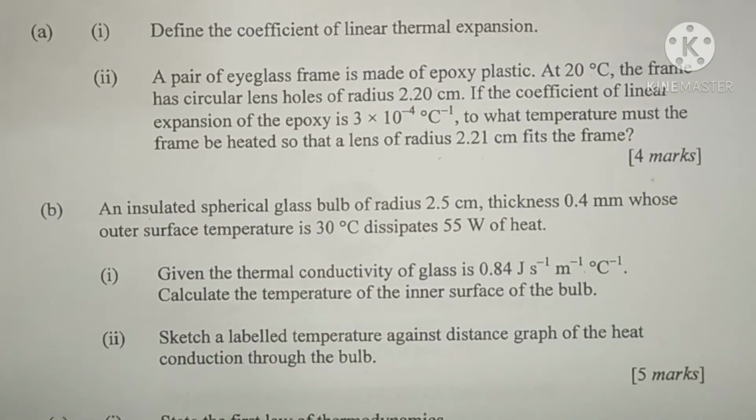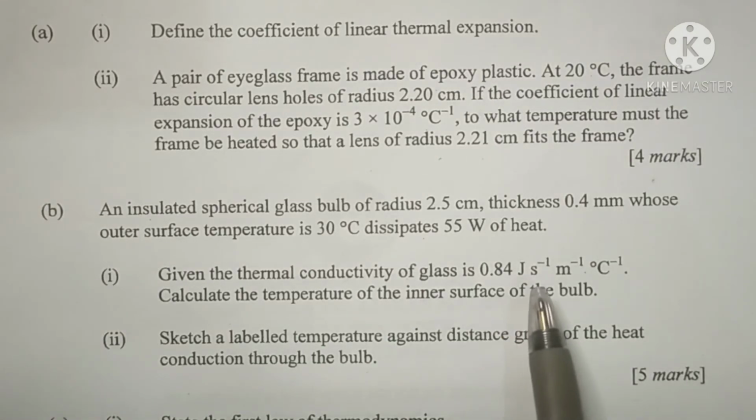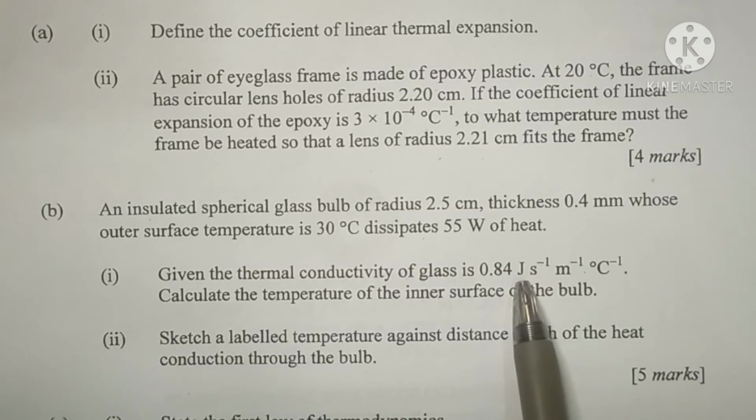For B Roman 1, given the thermal conductivity of glass is 0.84 joule per second per meter per degree Celsius, calculate the temperature of the inner surface of the bulb. Joule per second here is watt. It's about power, or rate of energy change.